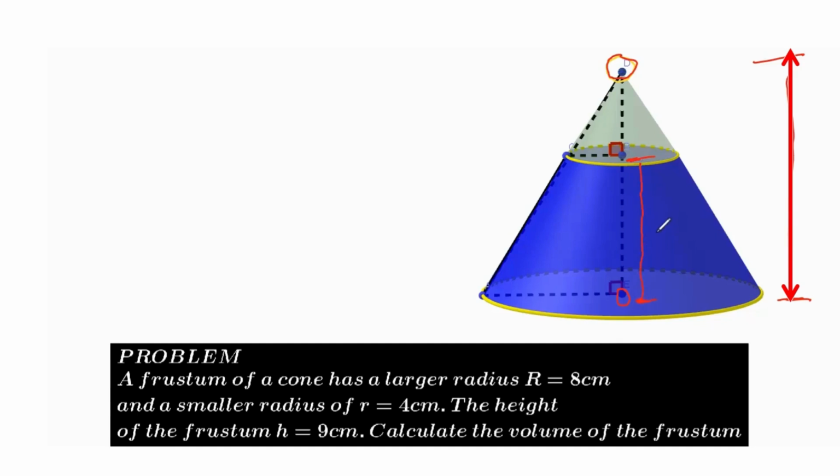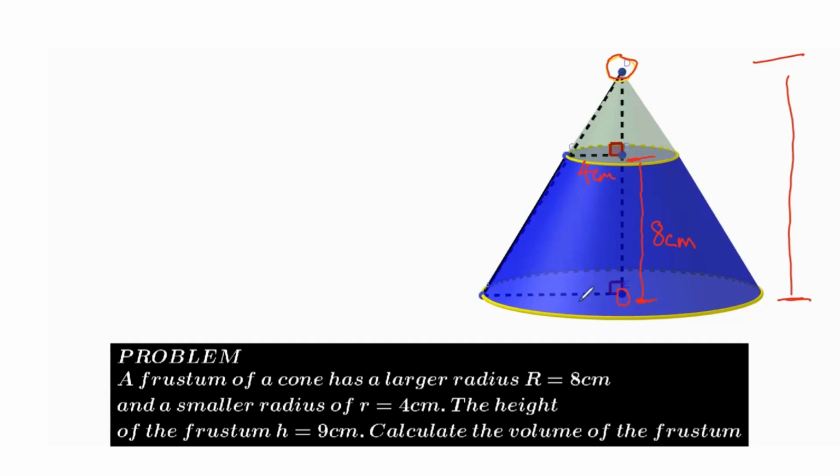We do not know the height of the smaller cone, but we know the radius of the smaller cone to be 4 centimeters, and the base radius of the bigger cone, because here we have 2 cones.